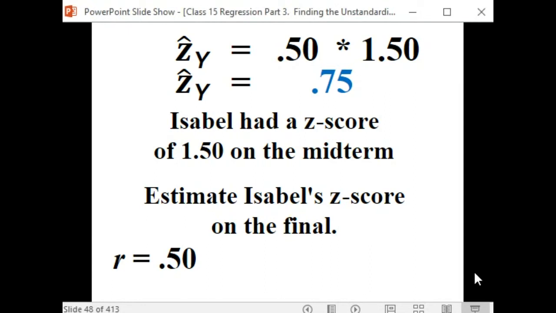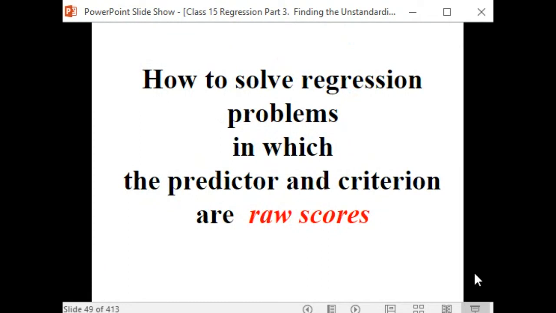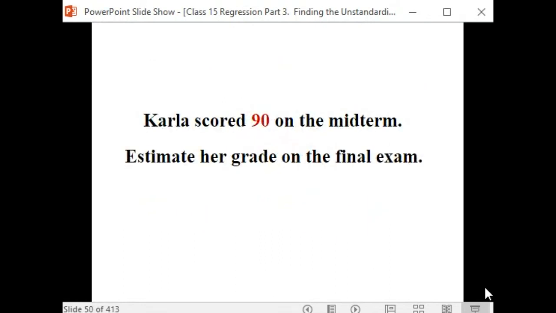Now next, in the last lecture, we showed you how the magic formula can be used to solve regression problems in which the predictor and criterion are raw scores, that is, when they're unstandardized. And here's our example. Carla scored 90 on the midterm. Estimate her grade on the final exam.